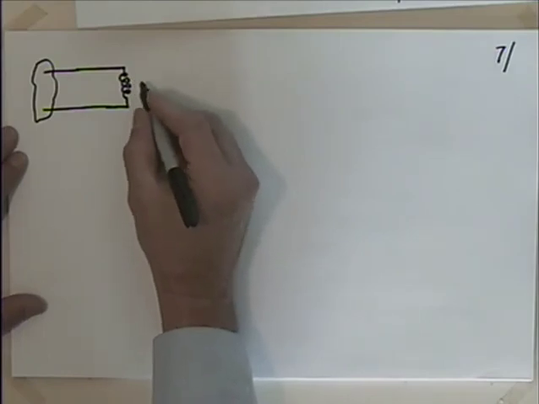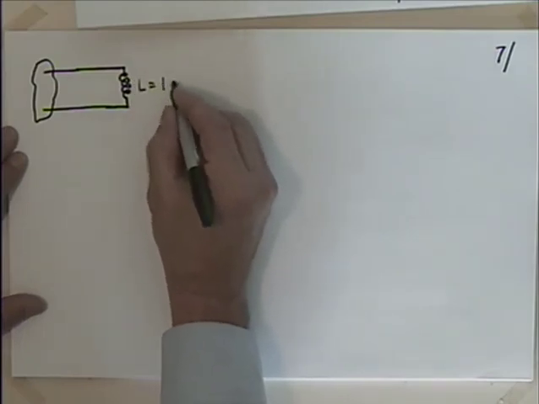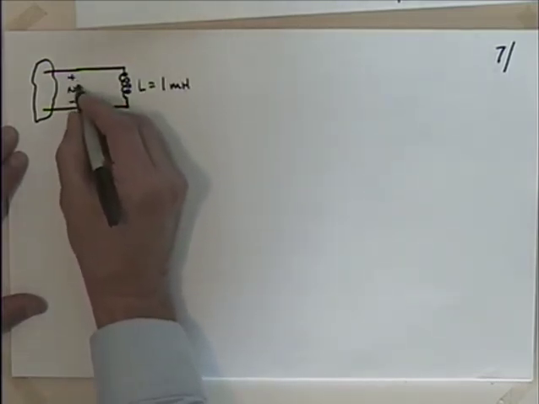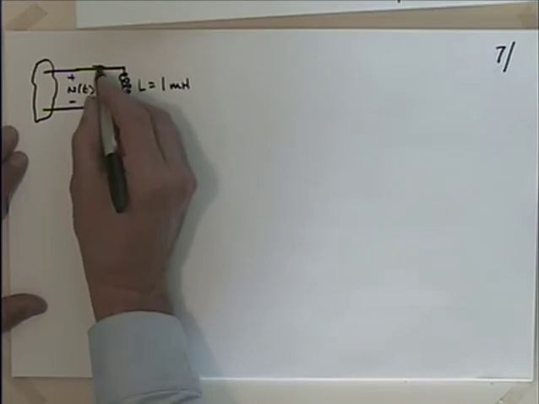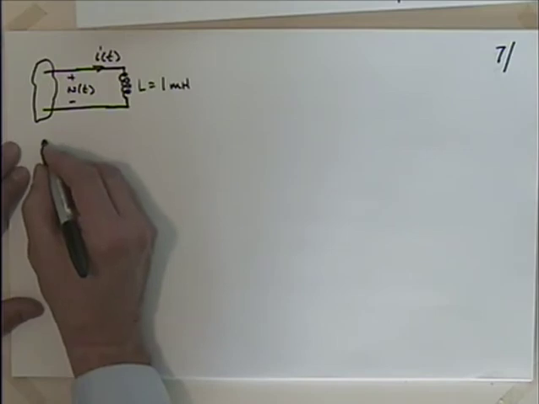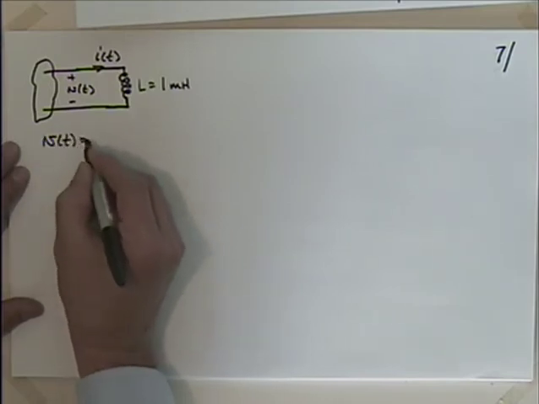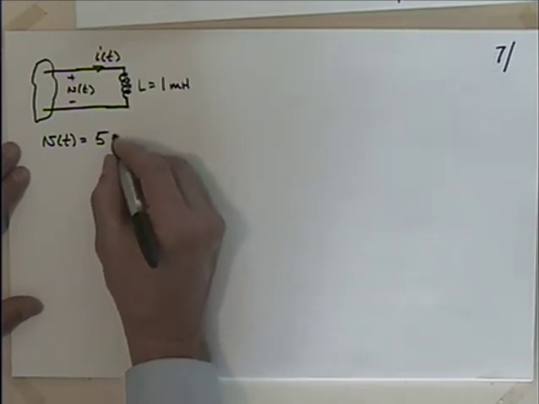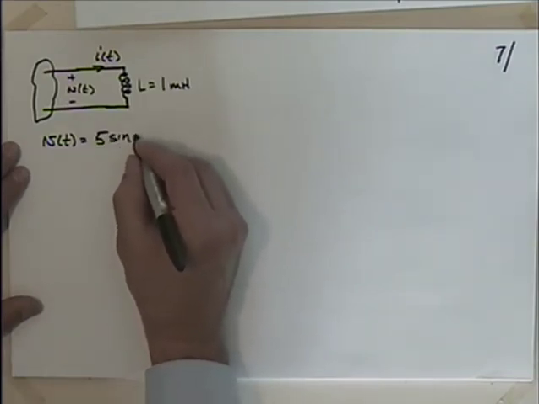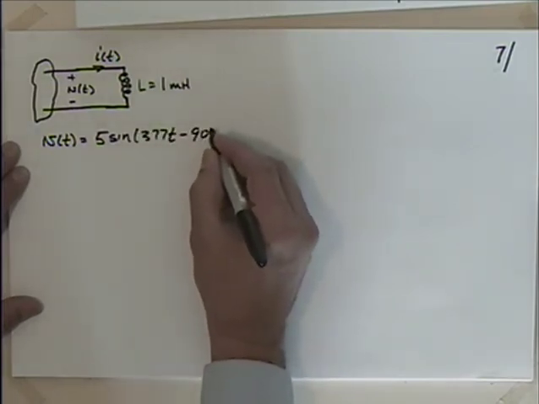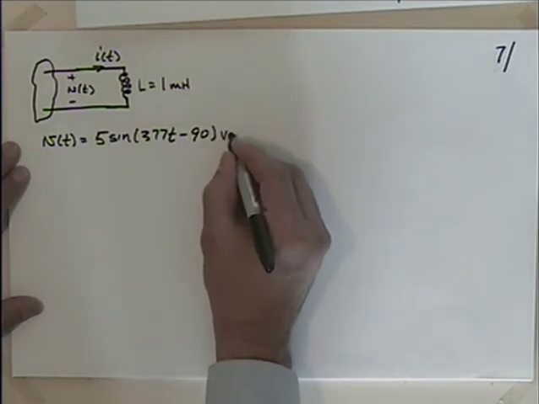It's probably not true, but maybe the resistance is very small compared to the inductance. I'm going to say that the inductance is equal to 1 millihenry. I've got some voltage across here, V of t, and I would like to solve for the current I of t. And my V of t is equal to 5 times the sine of 377t minus 90, and that's volts.